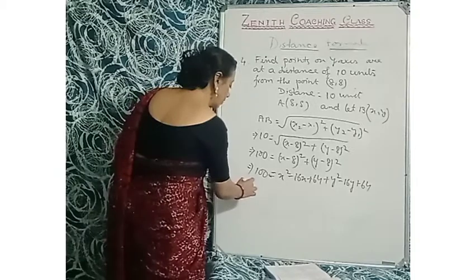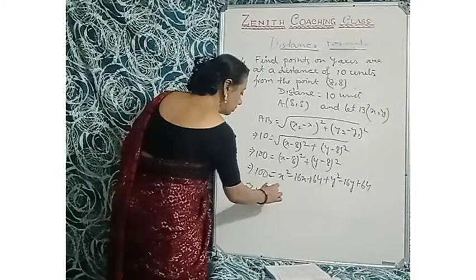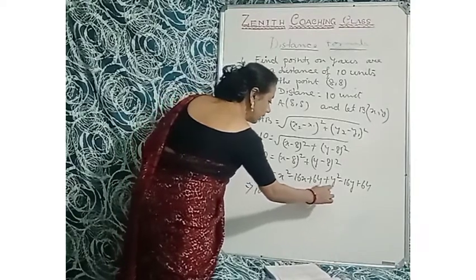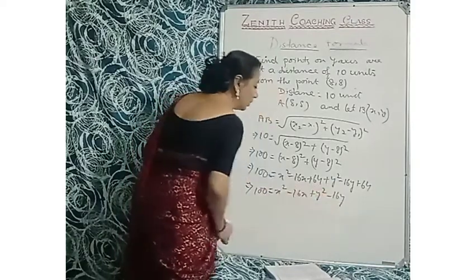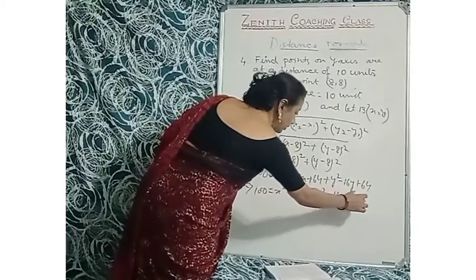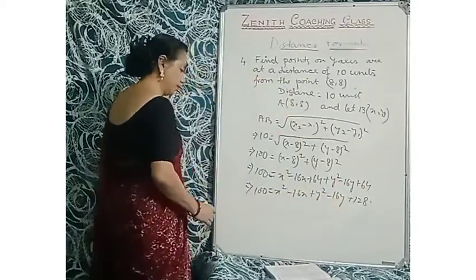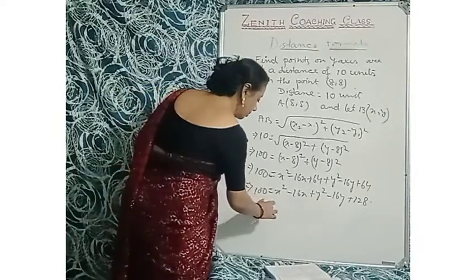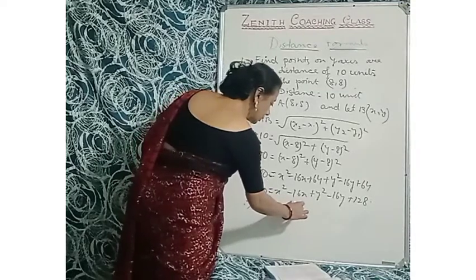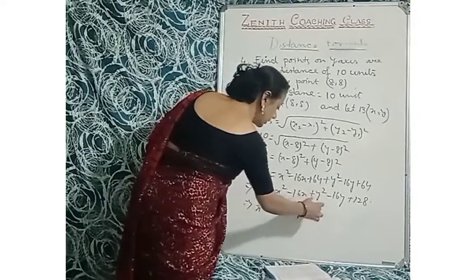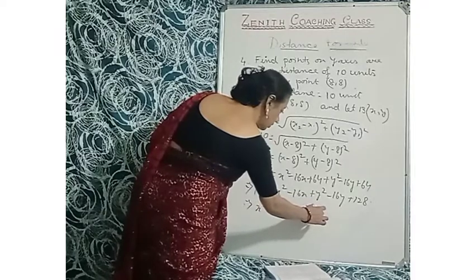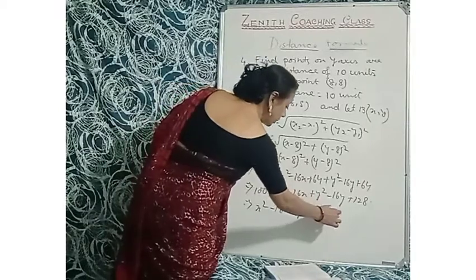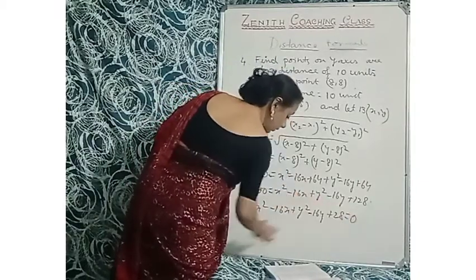Understood? So 100 equals x square minus 16x plus y square minus 16y plus 128. So it is x square minus 16x plus y square minus 16y, take it here, plus 28 equals to 0.